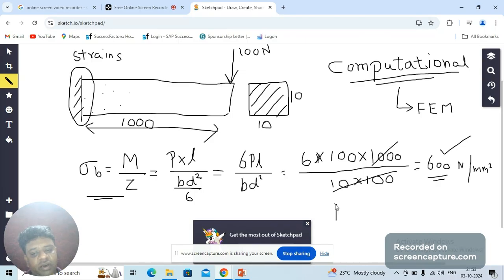So we normally call the finite element method the approximate method. It is because the results generated in the finite element method are not exact. It doesn't mean that you cannot take the result generated from the finite element method.